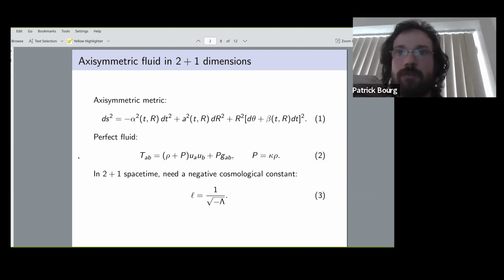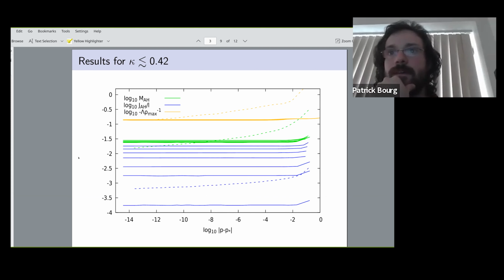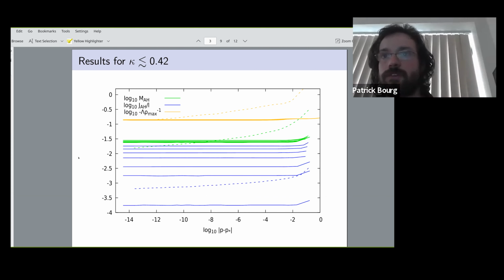So I'll start with this configuration. I'll start with some initial fluid, something like a Gaussian, for example, and I will then fine tune it more and more to the threshold between those initial data that collapse and those that do not. And here I'm going to show you the first set of results that I have obtained, where kappa is sufficiently small, in particular smaller than about 0.42.